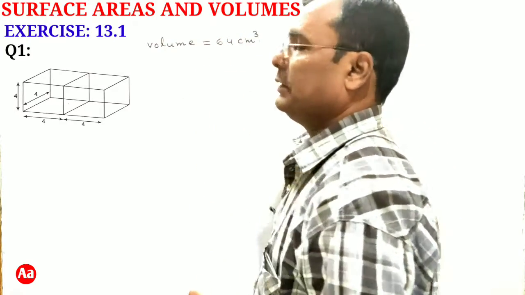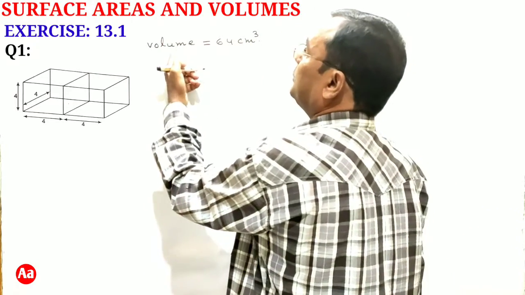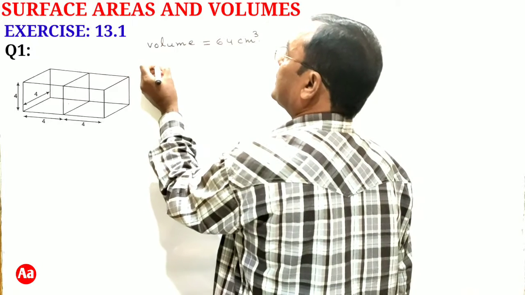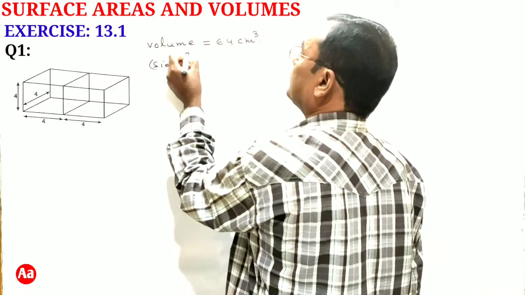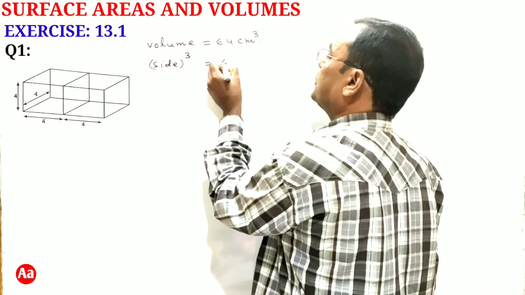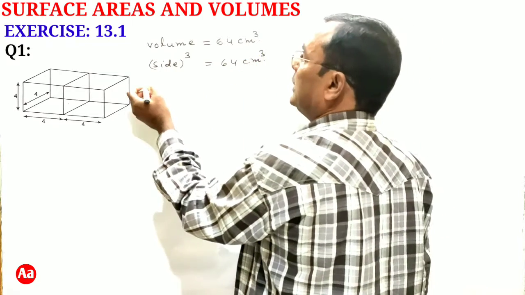The volume of a cube formula is side cube. So in place of volume, if you write side cube, it is equal to 64 cm cube.